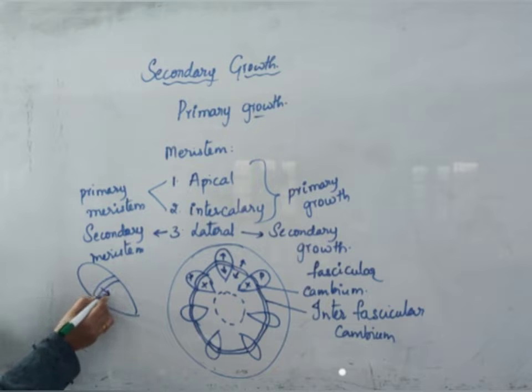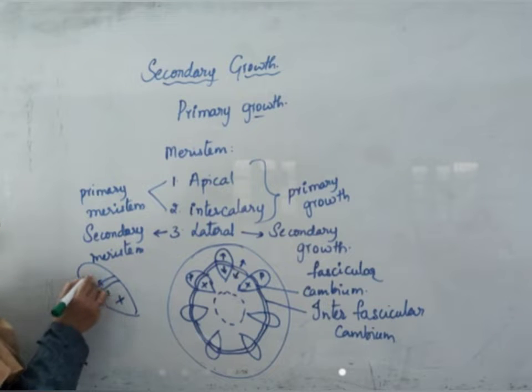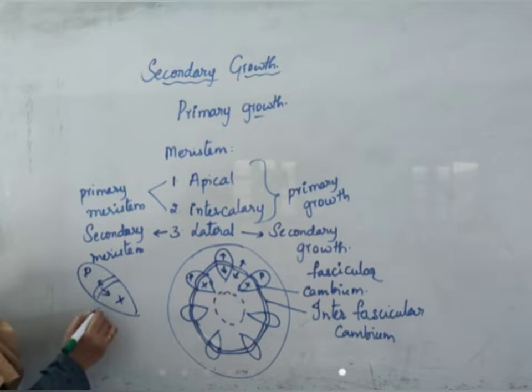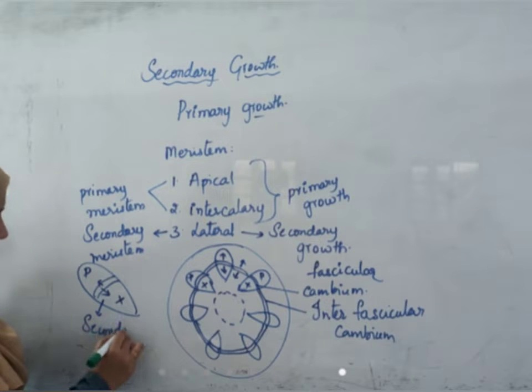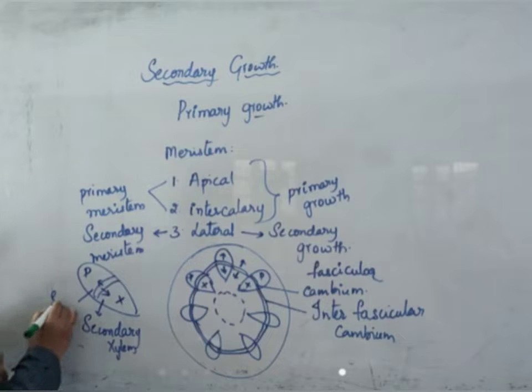Those tissues which grow towards the xylem develop to form secondary xylem. Those which grow towards the phloem form secondary phloem. So those formed here are secondary xylem, and those formed here are secondary phloem.